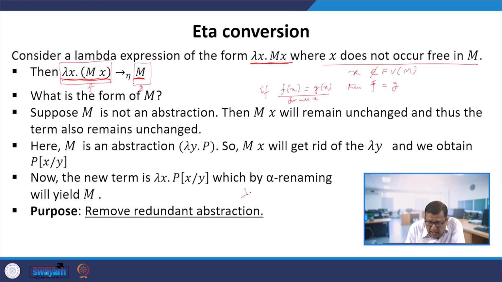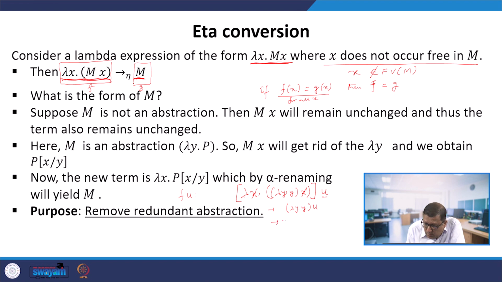We say M is lambda y dot y, then we have lambda x dot (lambda y dot y) x. This is our left hand side f, and I supply it with u, so I am doing f of u. By beta reduction, I will get lambda y dot y applied to u, replacing x with u.